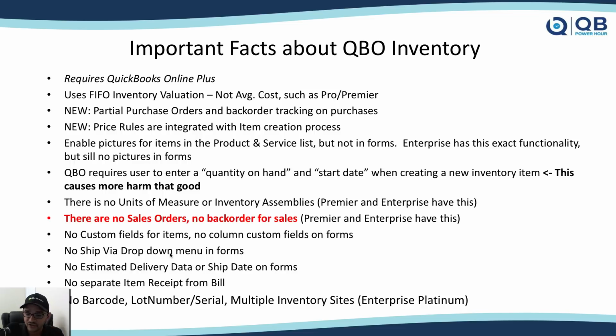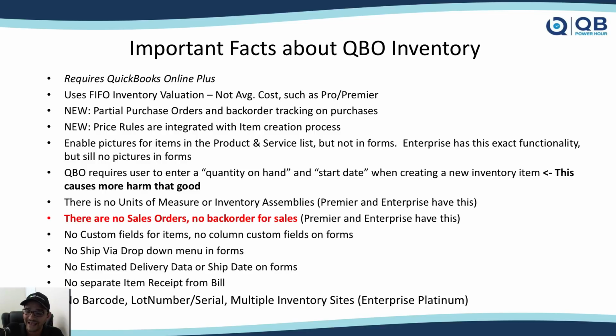Now, other issues are not as big, but they're important to note. There are no custom fields for items, so there's no way to add additional attributes to the items or show custom fields at the item level on forms. To me, that is another issue, because sometimes you want to show particular attributes of an item while you're selling them. There is no ship via drop-down menu in forms, something that QuickBooks Pro, Premier, Enterprise have.